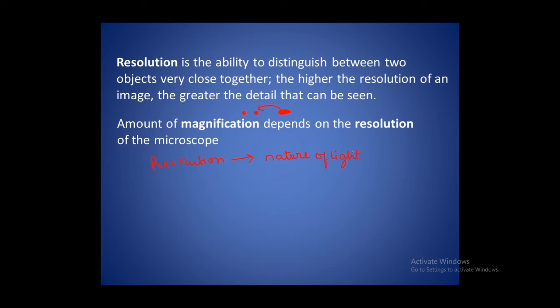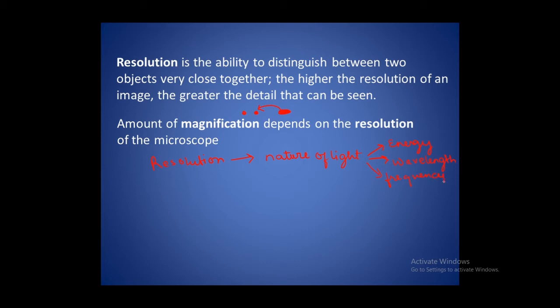There are various characteristics which we can give to light, for example the energy of the light radiation, the wavelength of the light, and the frequency of the light, and there are many more.